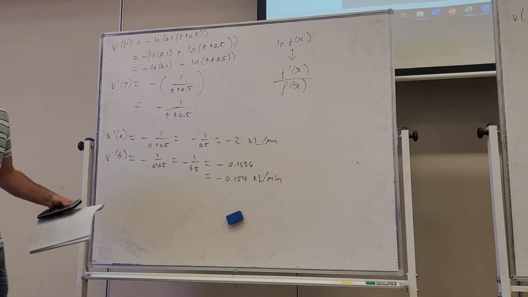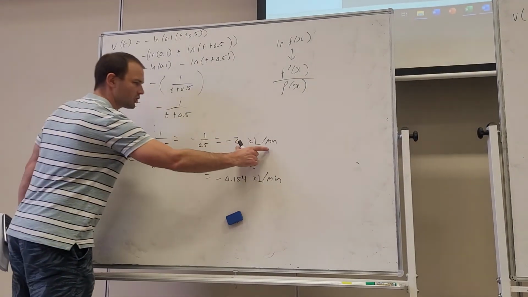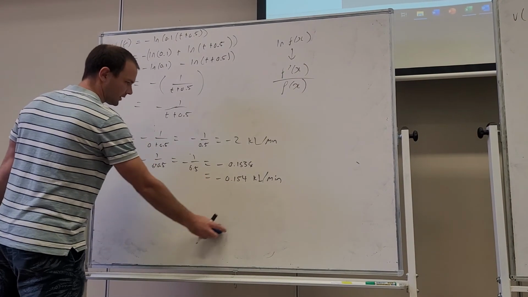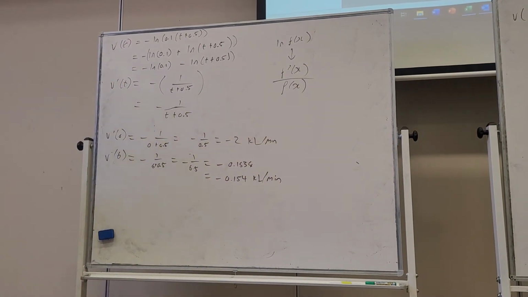Okay, so look at this. At first, it is gushing out the tank, right? And then after 6 minutes, it slows down. It's only coming out at 154 litres per minute. Sorry, 154 litres, 0.154 kilolitres.